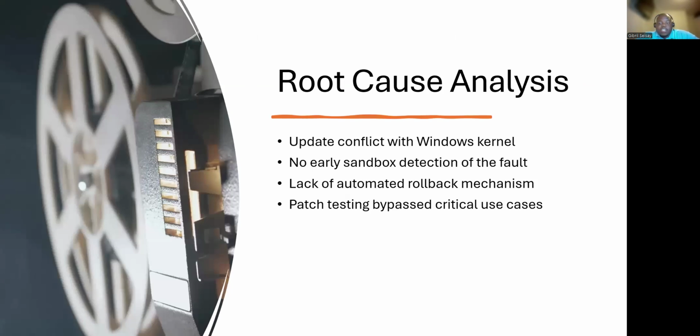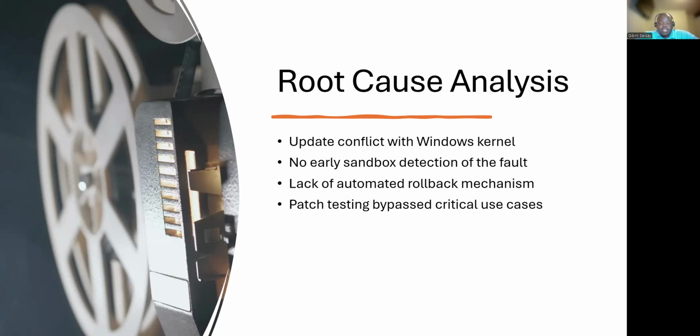The root cause stemmed from a failure to test the sensor update adequately. And when I say test adequately, I mean across many different Windows environments, as we know Windows is very diverse. The update conflicted with core functions, triggering blue screens, blank screens, black screens. There was a huge issue with most of these Windows devices.